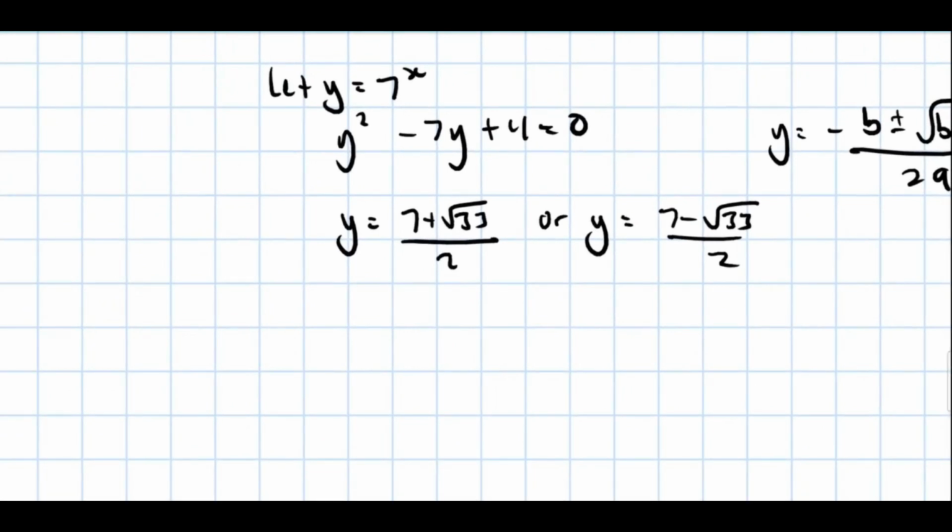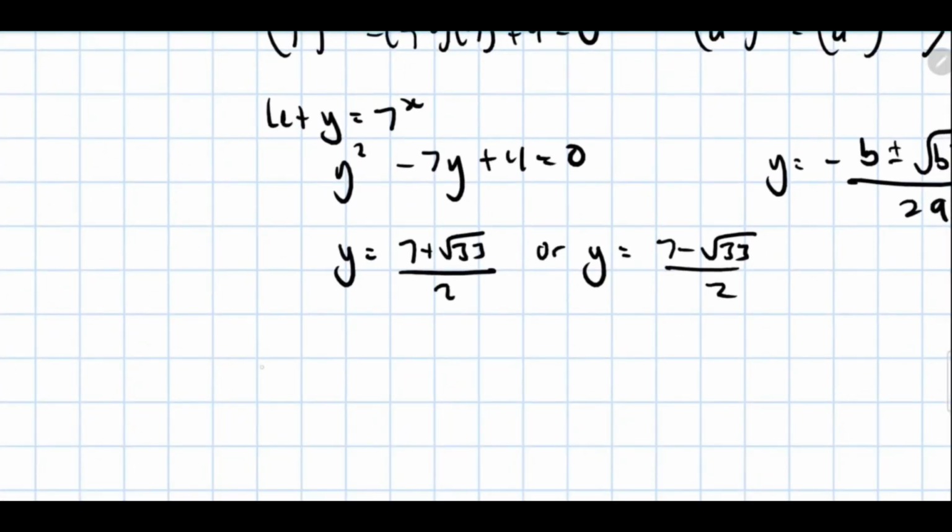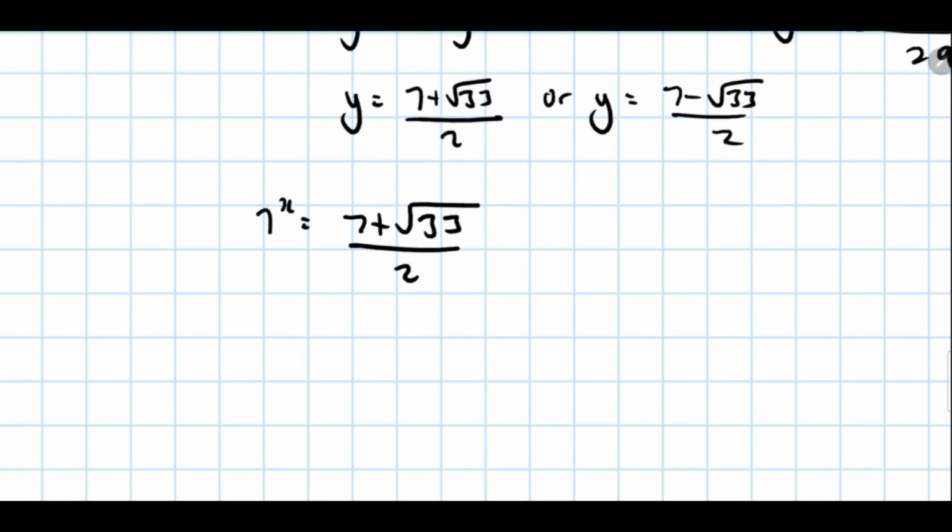So we have the first value, which is 7 to the power of x is equal to (7 plus square root of 33) over 2. By the way, I'm leaving it as the exact value. How do I solve this? The way you're going to do it is by taking log of both sides.